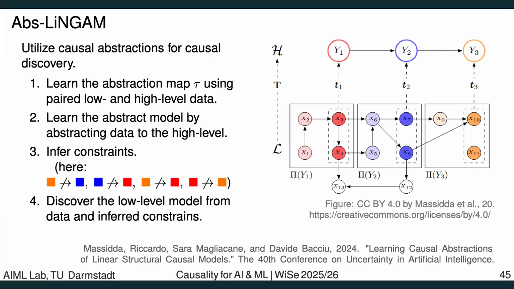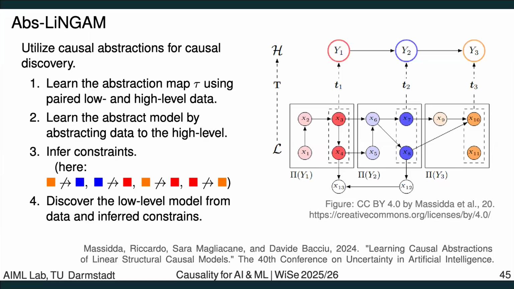So there is at least one approach I want to show you. So mostly causal abstractions are often used for causal inference, for analysis, for transforming models. But there might be some benefit for causal discovery. Basically, what you can think of is that you might want to go and say, okay, I have some or a lot of low-level data.